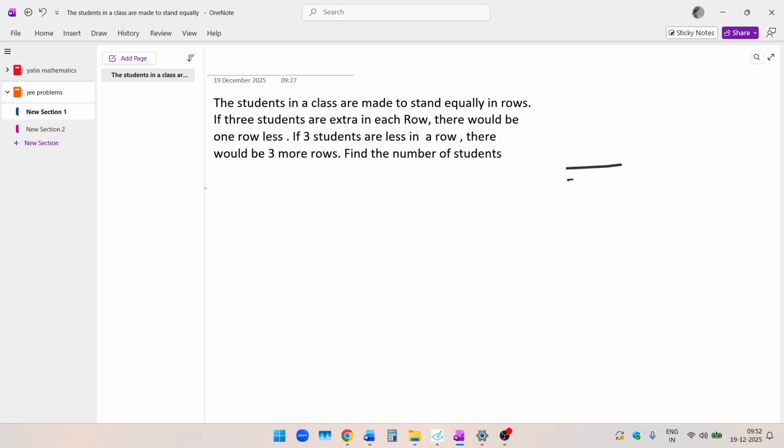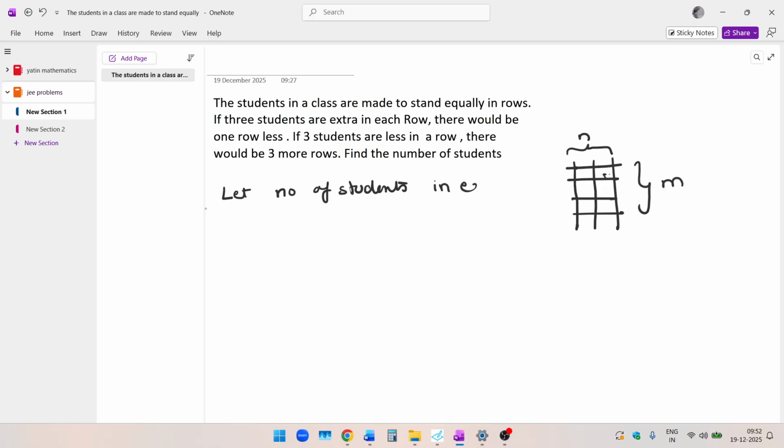So let us take the number of rows as, let us say, m, and the number of students standing column wise, right? So let it be n. Okay, so let's start with the sum by saying: let the number of students in each row be n, and let the number of rows be m.